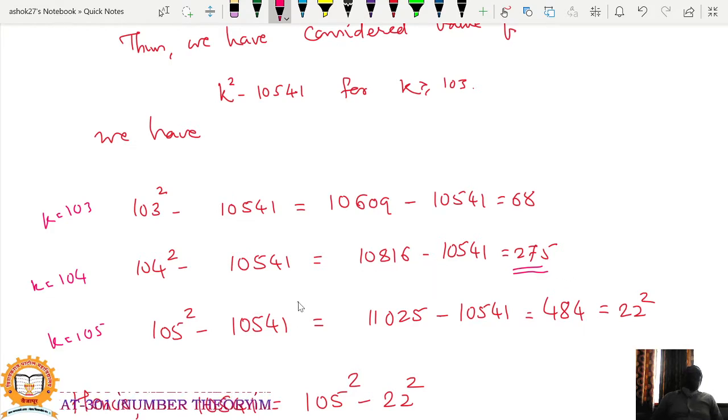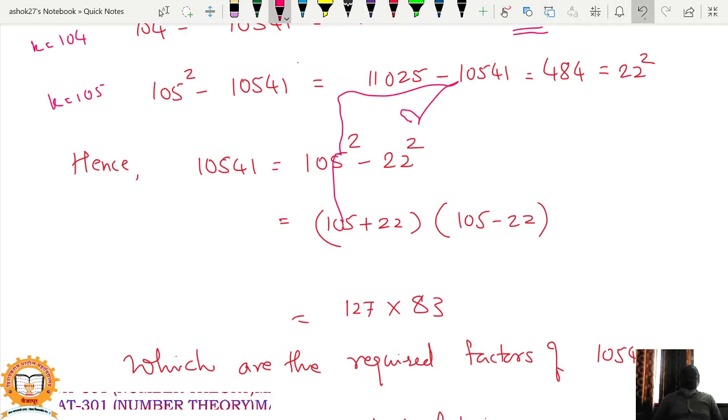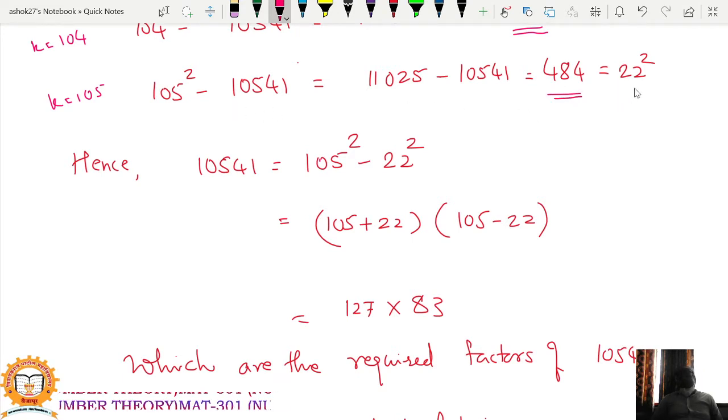If we take k equal to 105, this difference will be equal to 484, and 484 is the square of 22. So when you get the square of an integer, you stop here.